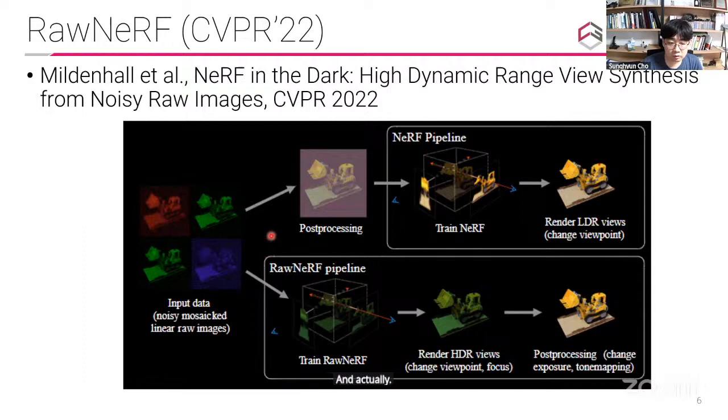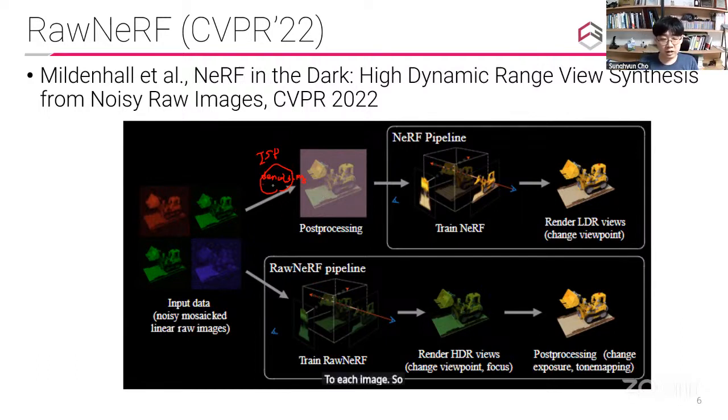In the conventional NeRF pipeline, in this ISP step, we apply, for example, image denoising to each image.